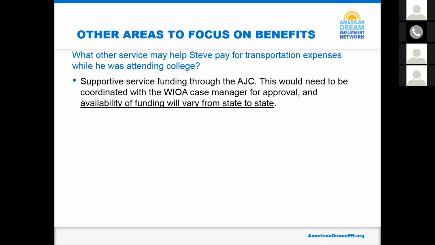You can get certain reimbursement for maybe some expenses, maybe some books. It's based on some discretion they have at the local level, and just know that the availability of funding does vary greatly from state to state. So don't go away thinking I said that's a guarantee. It's not a guarantee, but I would look at that as a possibility. And the person you'd want to speak to there at the center would be the WIOA case manager for approval. They're the people that would make that happen.